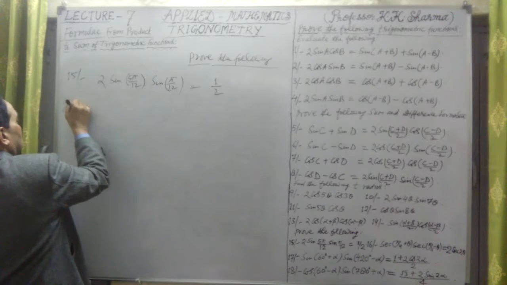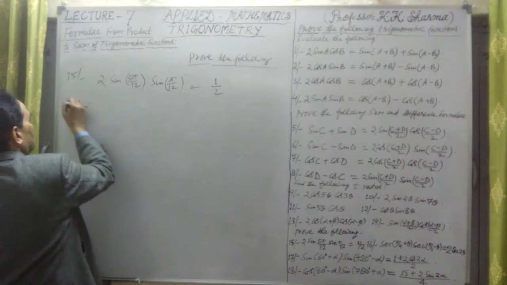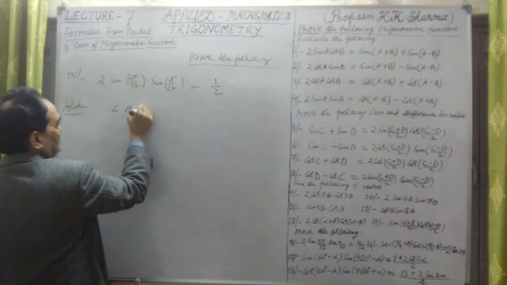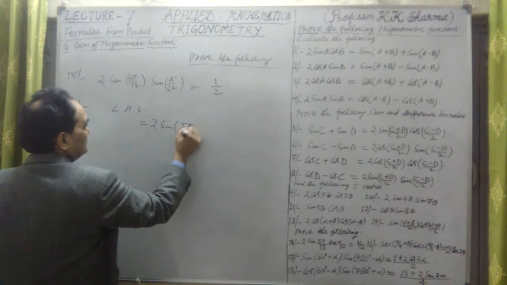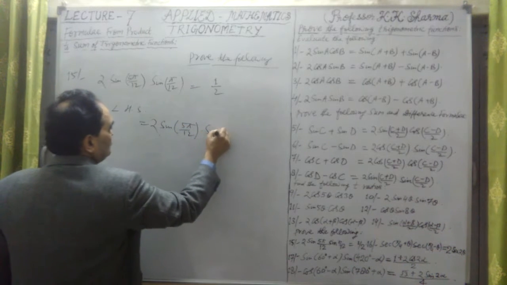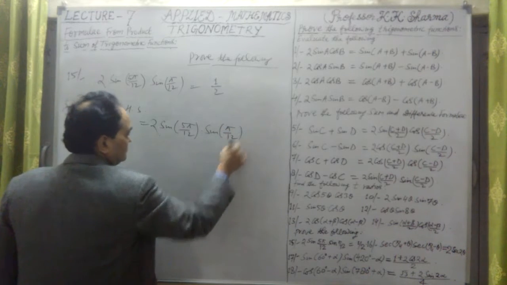Solution. Let me take the left hand side first. Left hand side is 2 sine of 5 pi by 12 into sine of pi by 12.